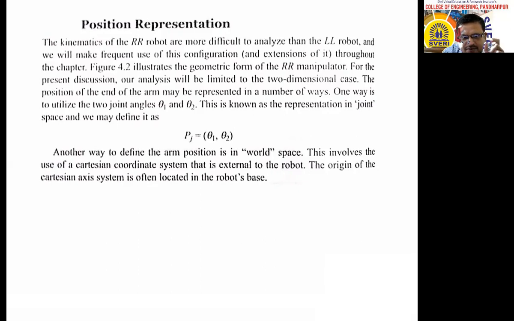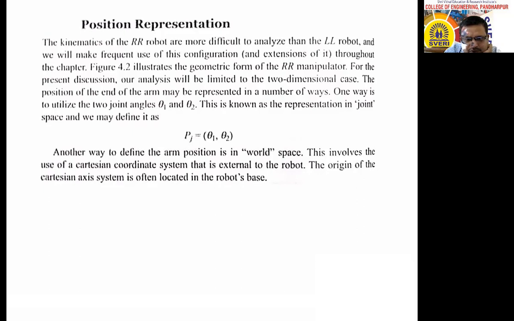RR robot means where rotation exists, that is nothing but a cylindrical robot. LL robot means Cartesian robot, where the arms move along X, Y, and Z axis only. But in case of a cylindrical robot, it moves along X, Y, and Z axis, and there is another motion, that is rotational motion. That is nothing but RR robot, and we will make frequent use of this configuration and extensions of it throughout the chapter.